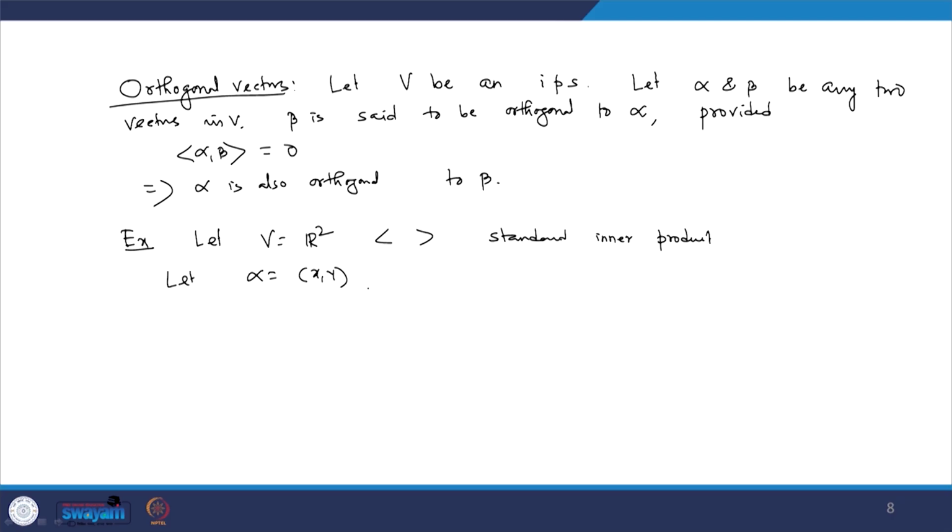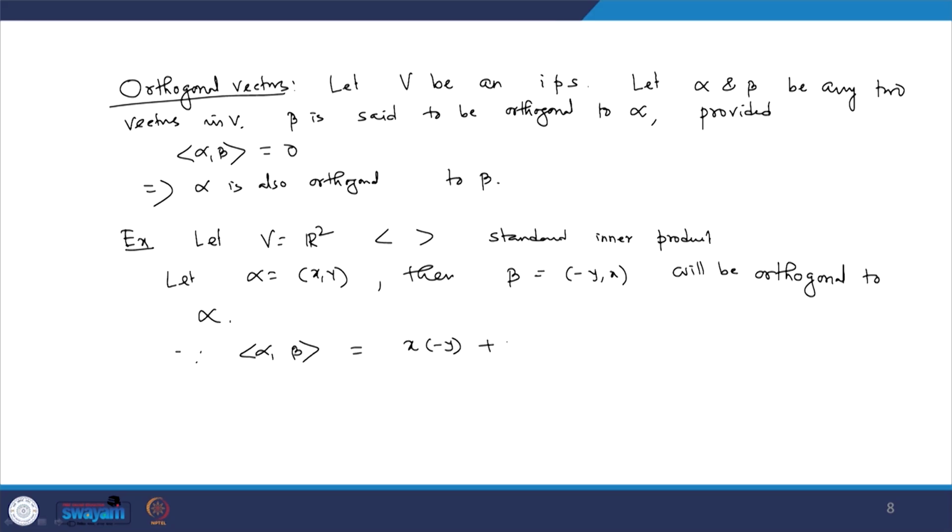Immediately I can see that beta equal to minus y comma x will be orthogonal to alpha, since inner product of alpha beta is equal to x into minus y plus y into x, which is equal to 0.